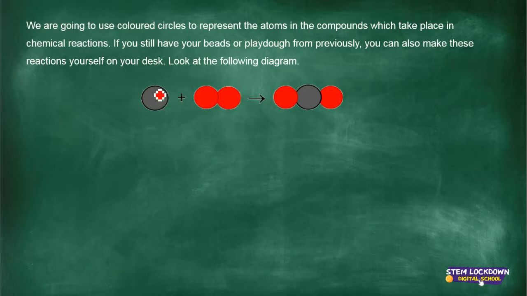These are different compounds, and this takes place in a chemical reaction. You can use beads or Play-Doh that you or your brothers or sisters may have, and make reactions yourself on your desk to learn the concept of reactants and products and the process of the chemical reaction.